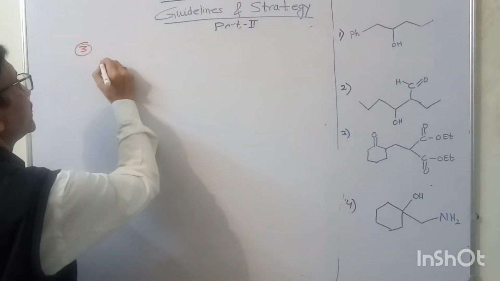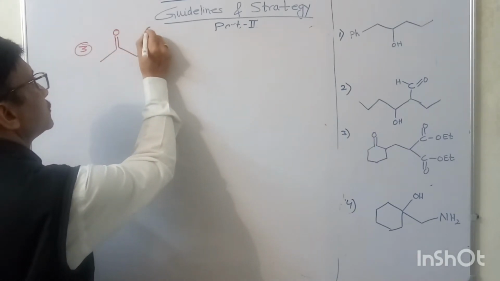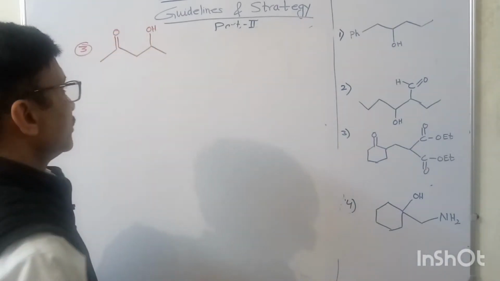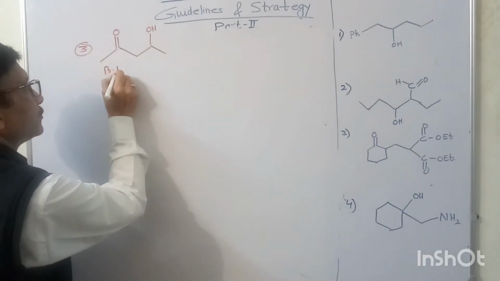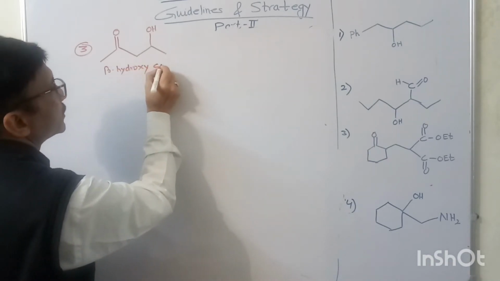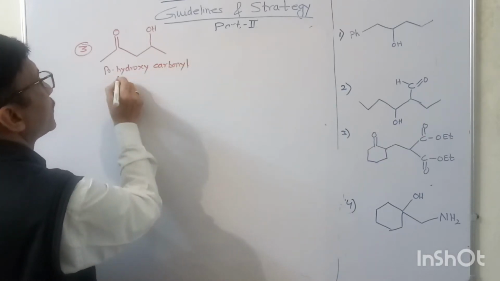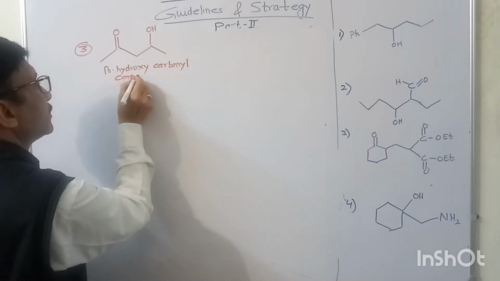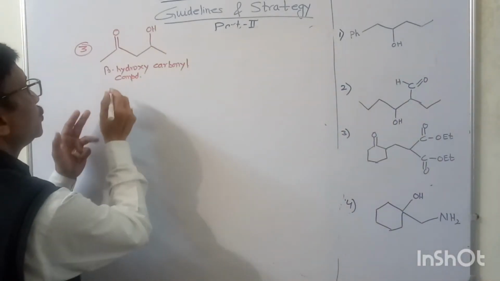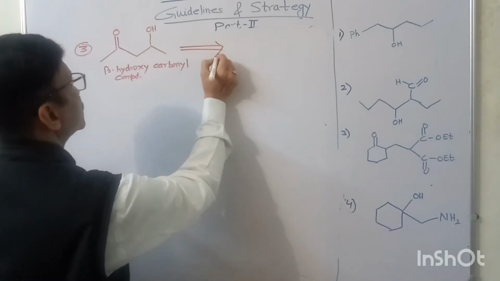Suppose I take a beta hydroxy carbonyl compound. So here two functional groups are present. If you have a beta hydroxy carbonyl compound, then what type of disconnection should we do? We should do the 2,3 disconnection.